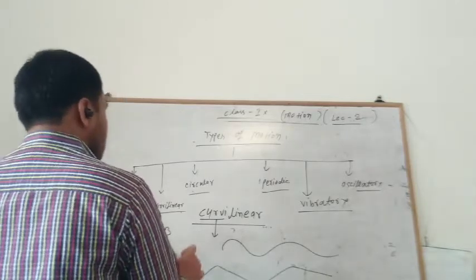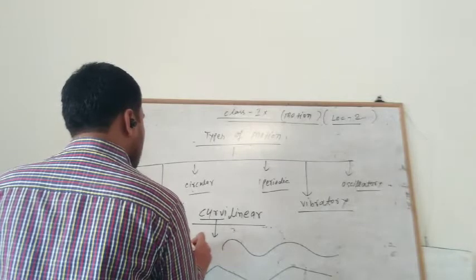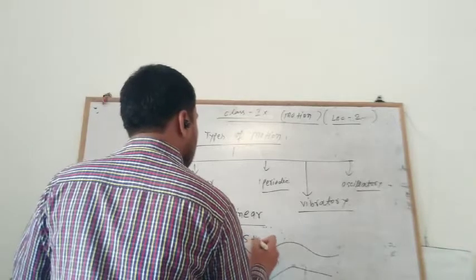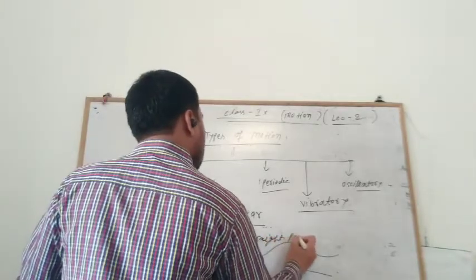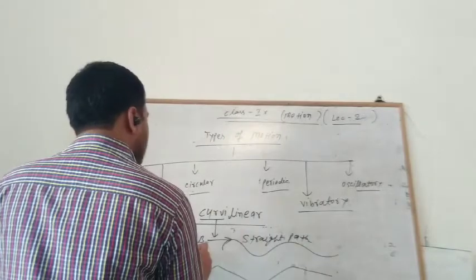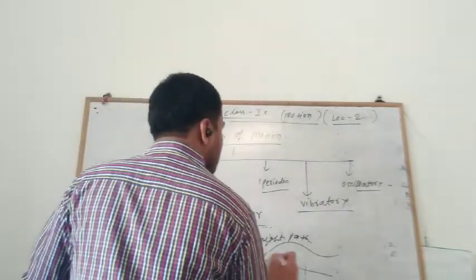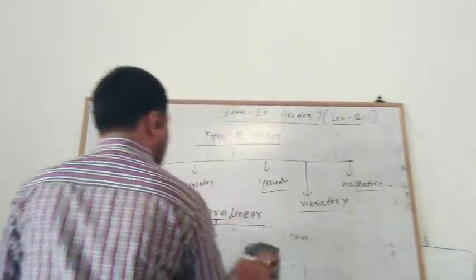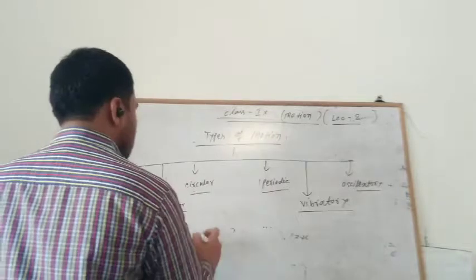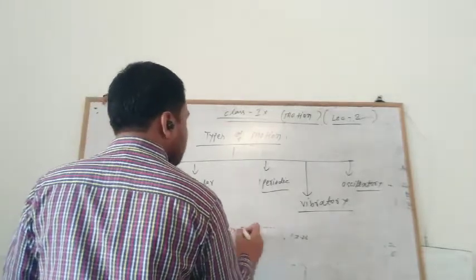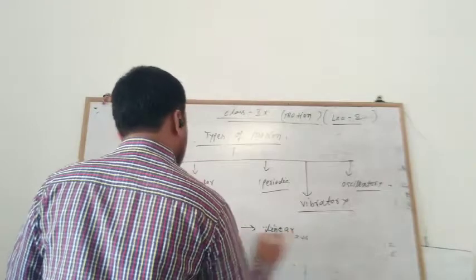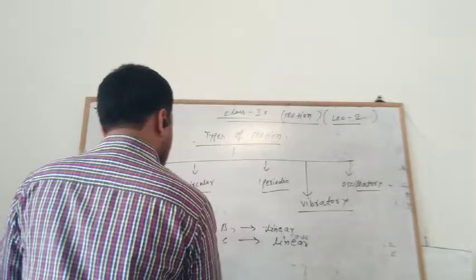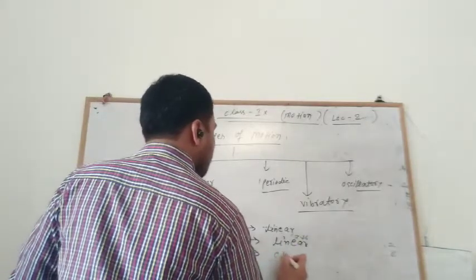So from A to B it is a straight path. Again B to C is a straight path. So A to B, linear. B to C, linear. A to C, curvilinear.